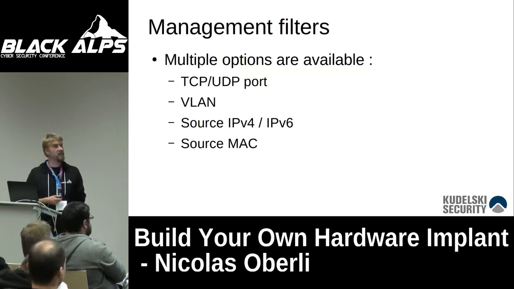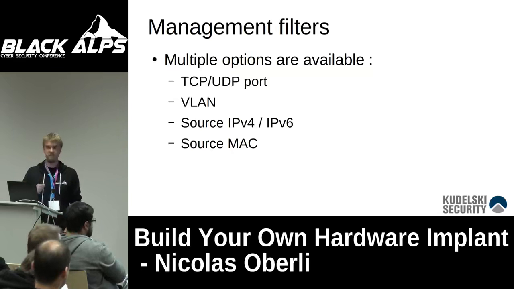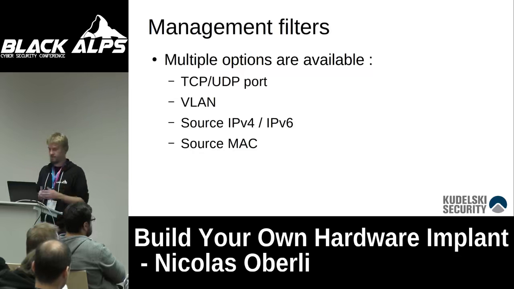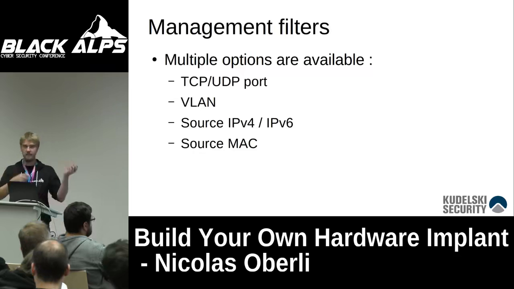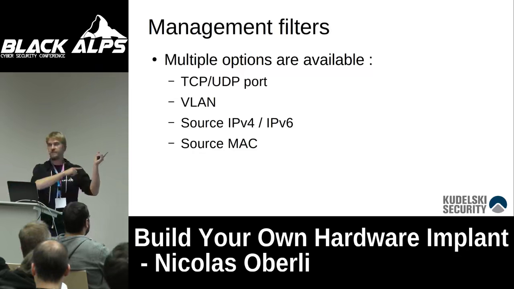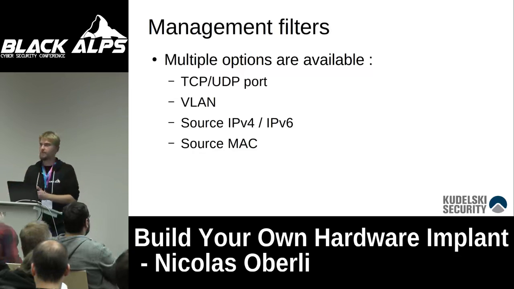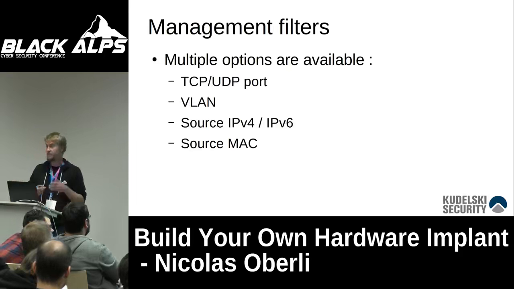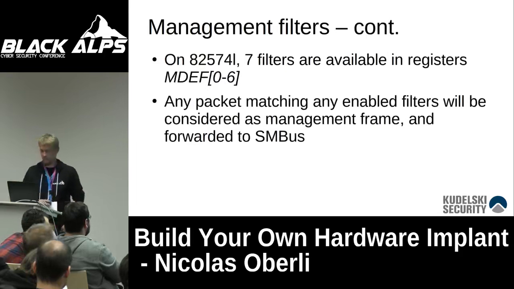So that means that every packet that comes to that specific network interface can be filtered using those. And if one of the packets matches the filters, it will be sent to the SMBus and not on the PCI Express. So basically, you can make some traffic disappear from the network, and the operating system will not see that.